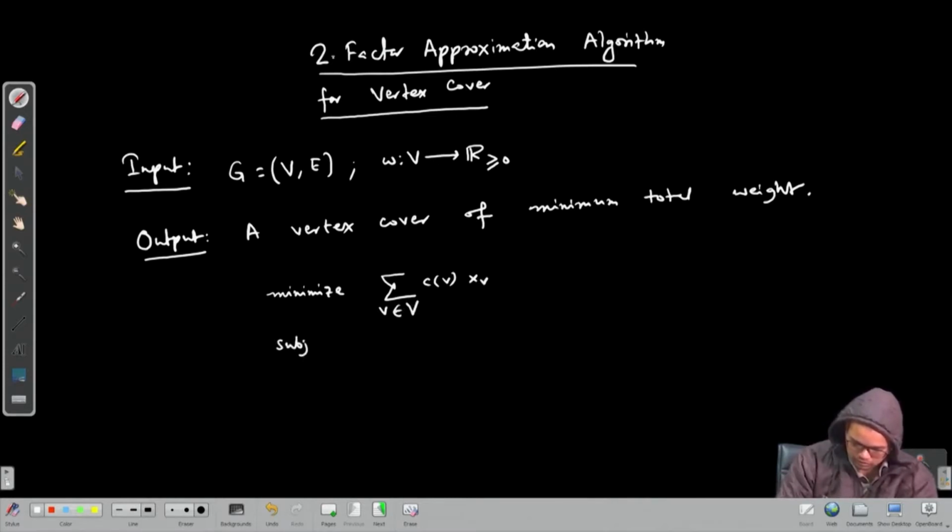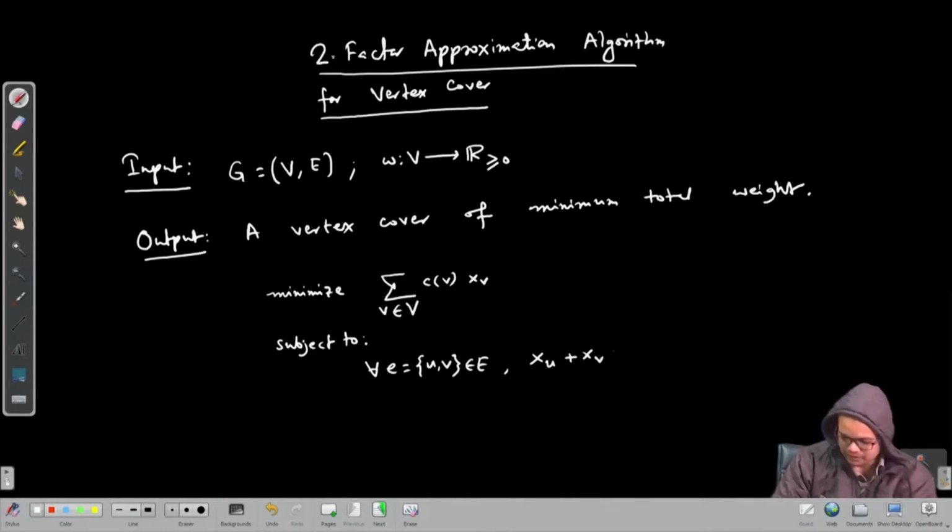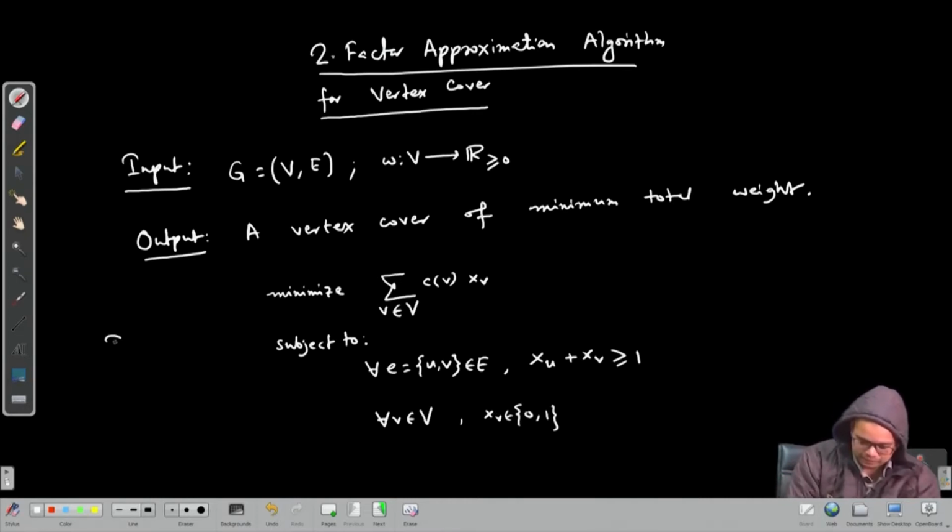Subject to the constraints: for each edge e = (u, v) in E, x_u + x_v is greater than or equal to 1, and for each vertex v, x_v is in the set {0, 1}. So this is the ILP.